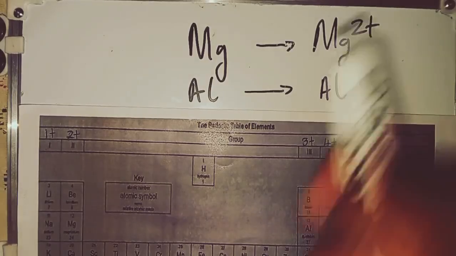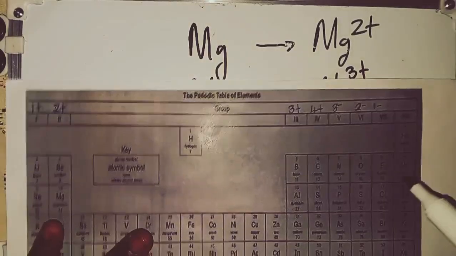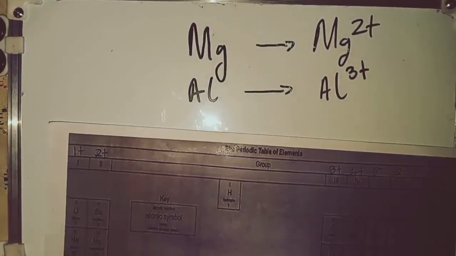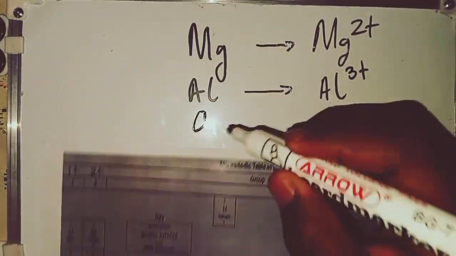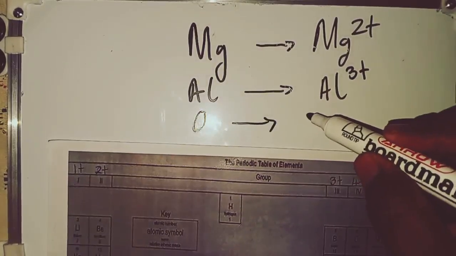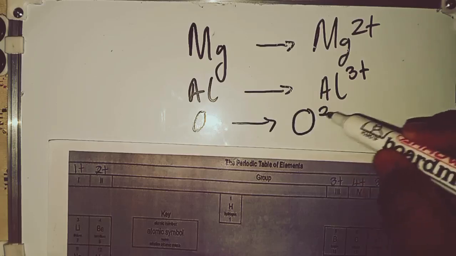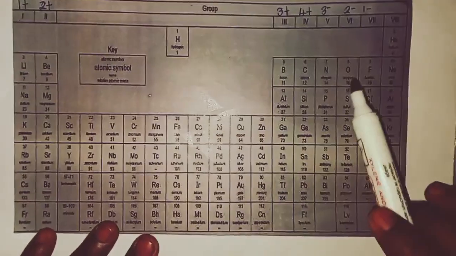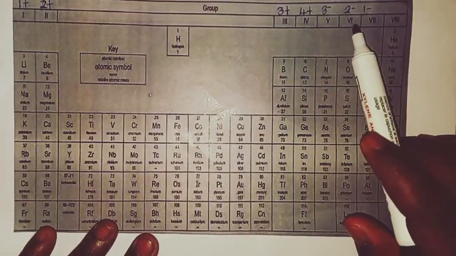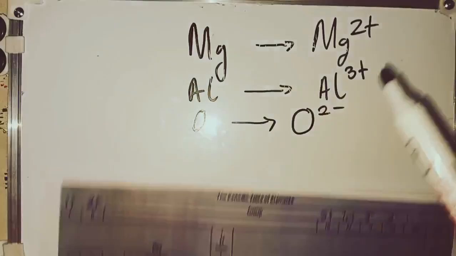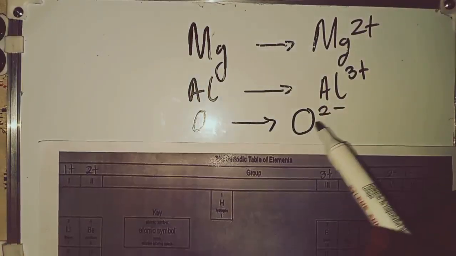So if we pick, let's say, oxygen, this is an element. If it forms an ion, it forms an ion of 2 minus, because oxygen is in group 6. So we get oxygen 2 minus.